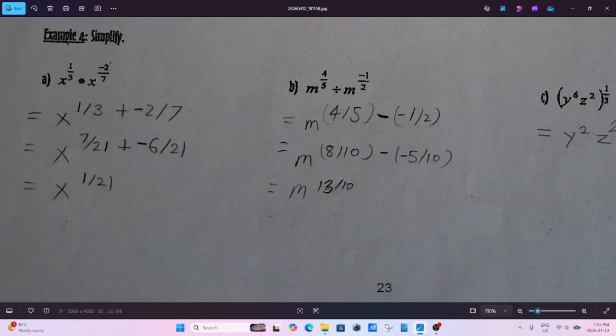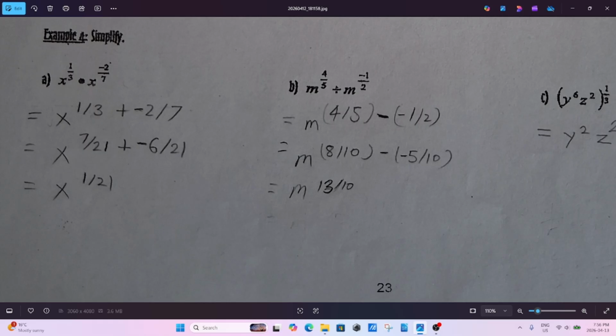Question B, m to the 4 divided by 5 divided by m to the exponent -1 over 2 is just m to the 4 over 5 minus 1 over 2, which is equal to 8 over 10 minus 5 over 10.